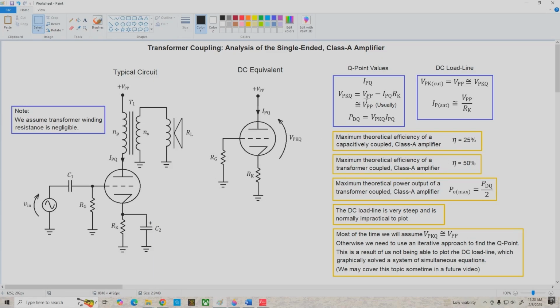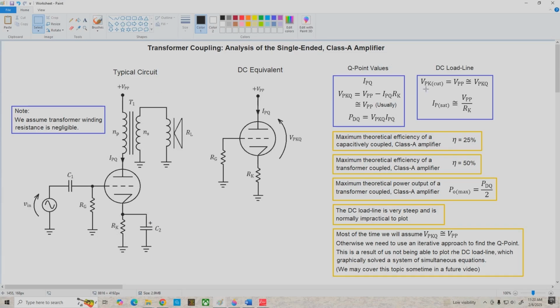Technically, it's VPP minus IPQ times RK, but normally we're going to assume that it's just VPP because the drop across RK is not that large compared to VPP, and it simplifies the analysis for reasons we'll understand later. And finally, we haven't talked about PDQ much, that is the dissipation of the tube at the Q point, but just like transistors, PDQ equals VPKQ times IPQ.